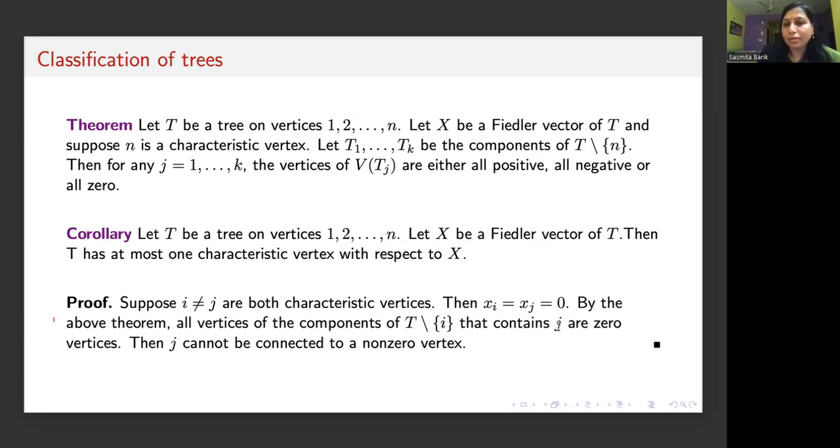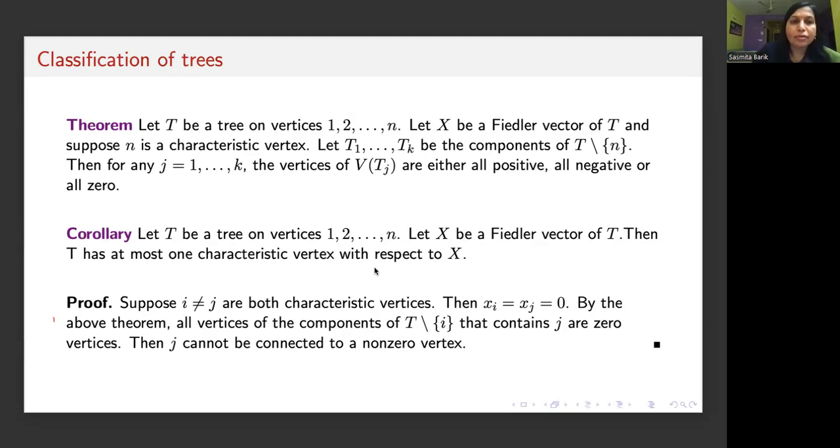So j is not a characteristic vertex. This way you can argue that if the second case occurs, meaning x has a component which is a 0 vertex, then there will be one characteristic vertex in the tree. There cannot be more than one corresponding to this vector x.